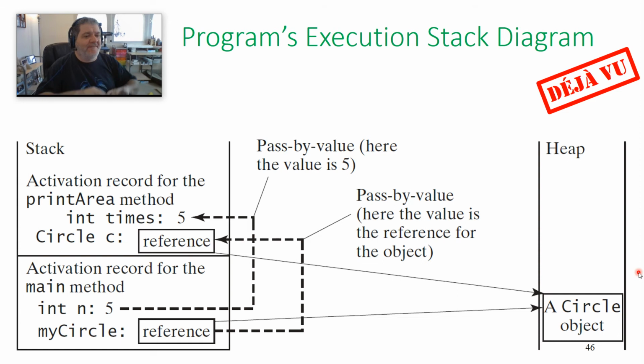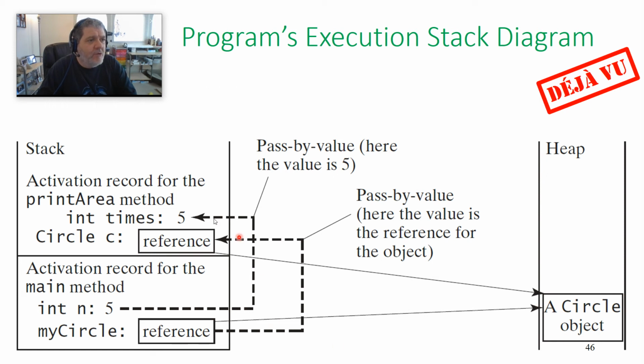So we separate clearly where the objects live from where the local variables and the parameters inside methods live. Any primitive data type is going to be inside its own variable. Any reference data type is just going to refer to something that is actually located in the heap. So myCircle refers to that object of radius 1 that we created.